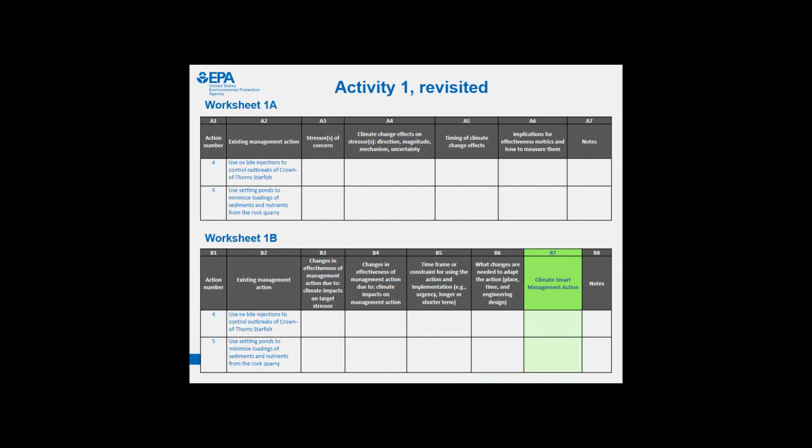Yeah. So I was going to say that I was having fun thinking about the crown of thorns example for this, thinking about how primarily changes in nutrients would affect crown of thorns outbreaks, and maybe changes in ocean circulation and, I guess, probably changes in water temperature.